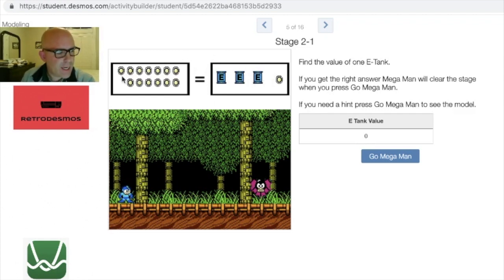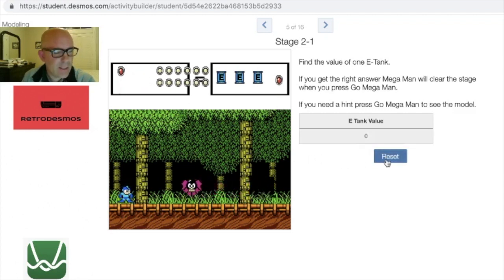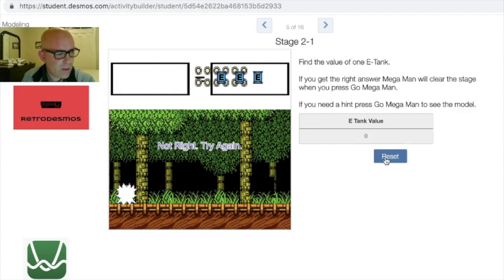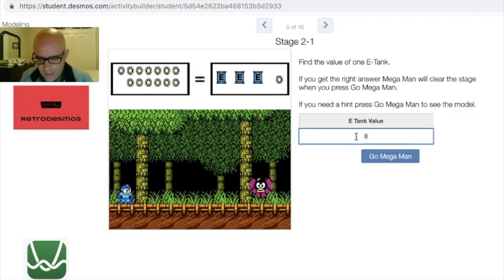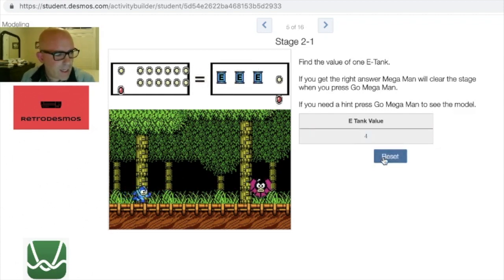And so again, I can use what I know about additive inverses or zero pairs and get this guy and this guy, zero those two out, because what I do to one side, of course, I have to do to the other. And so that's going to leave me with, looks like groups of 4. Again, I could test it to get a little feel because we're still early on, but we can see that the value of each energy tank here, or each variable, is going to end up being 4.